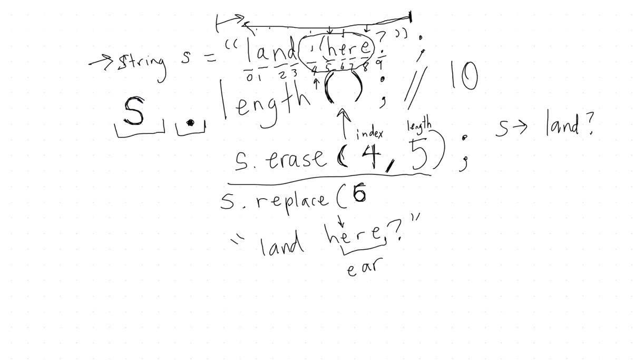And then I have to specify the length of the string that I'm trying to get rid of, which is 3, because there are 3 characters here. And then I pass in the new string that I want to replace it with. After I run this line, land here would become also land here. Is that a comma after the 3? Yeah, it's a comma. So there are 3 parameters here.